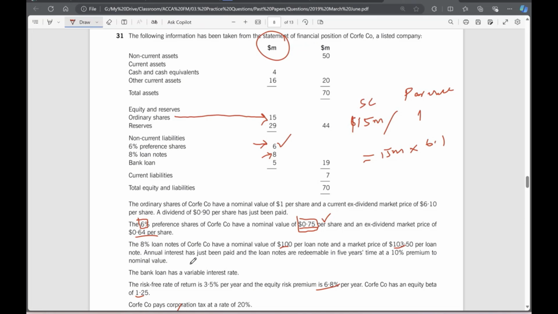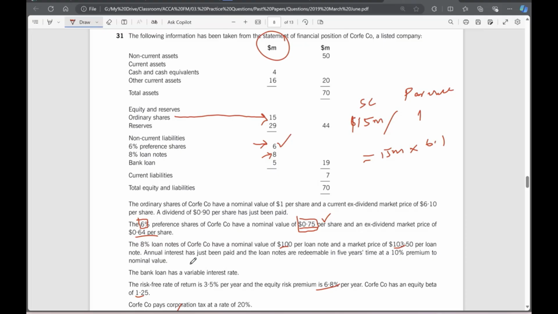Luckily, in the bond case, our par value is always 100. In preference shares, he can give you any par value. Understood? So that's why in the loan notes case, if coupon is 6%, then the interest amount is also $6 because the par value is already 100. In preference shares, the par value might be any number. In the previous case, the par value was $1 and the dividend rate was 9%, so I did $1 into 9%, 0.09.